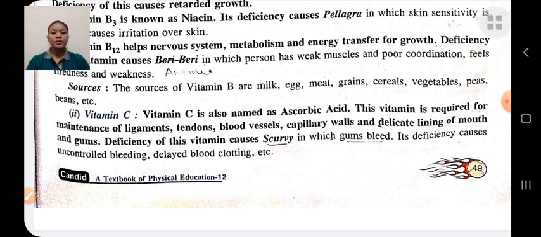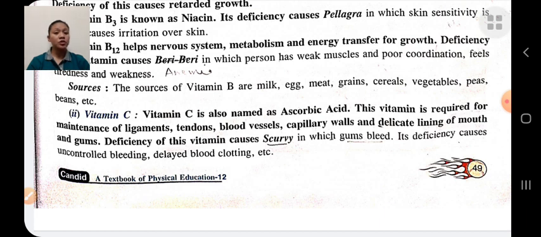Next is vitamin C. Vitamin C is also known as ascorbic acid. These vitamins are required for maintenance of ligament, tendon, blood vessel, capillary walls, and the delicate lining of the mouth and gums.